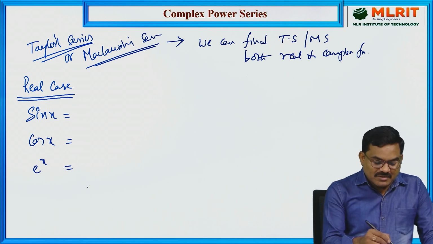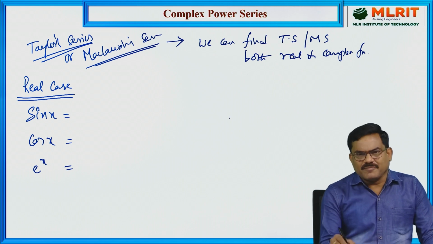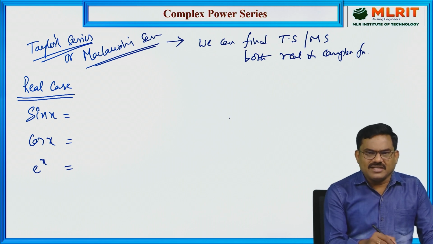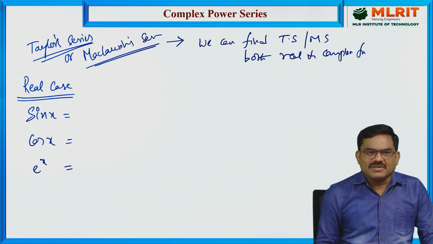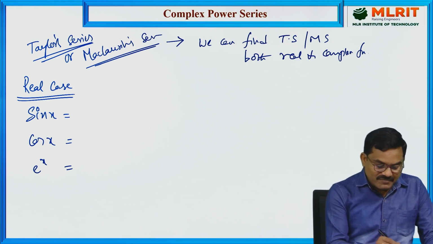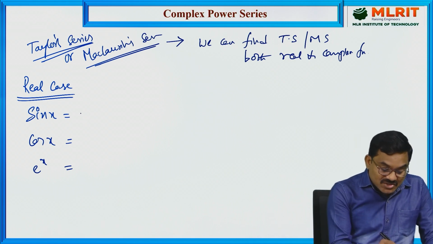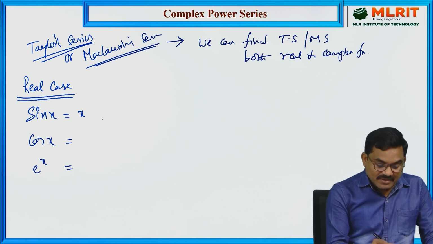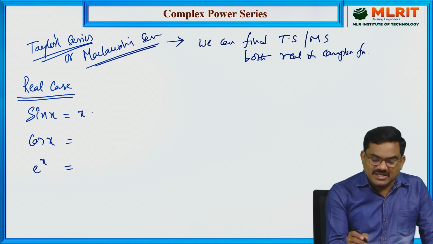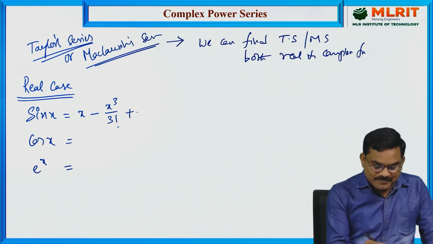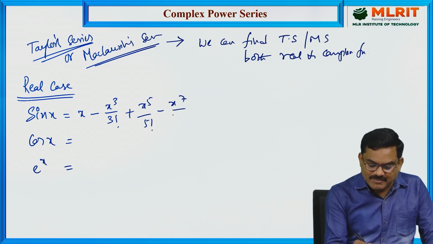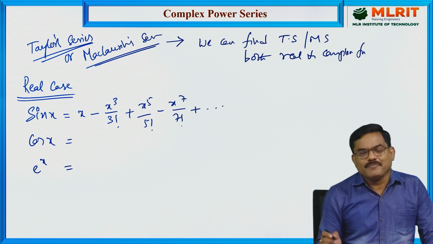Again, here if you identify the format of that expansion, simply you can write the expansion. So here, what is the value of sin 0? Sin 0 is 0. So the first term is 0. It starts from x. Plus minus alternately changes. x minus x cube by 3 factorial plus x power 5 by 5 factorial minus x power 7 by 7 factorial and so on.